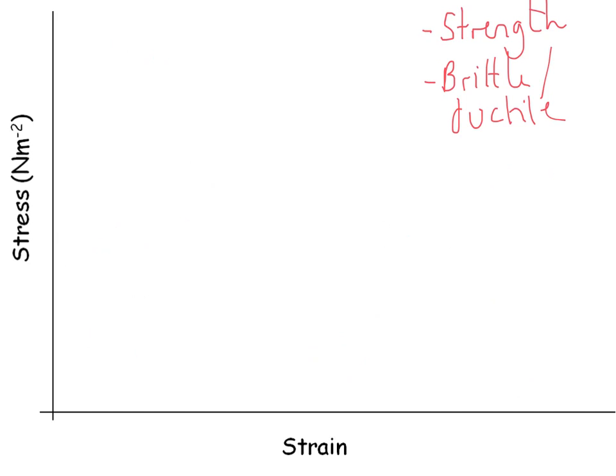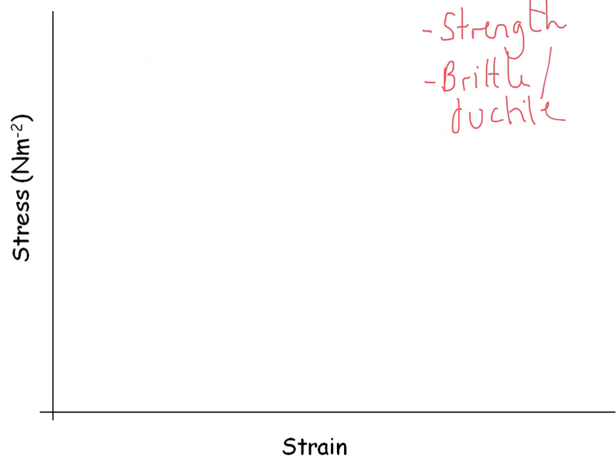You reach your yield point and then bam, it breaks. I'll show you an example of that in a minute when we look at example graphs. So those are the two key properties we're looking for: whether a material is strong, and whether it's brittle or ductile, and that dictates what the graph looks like.